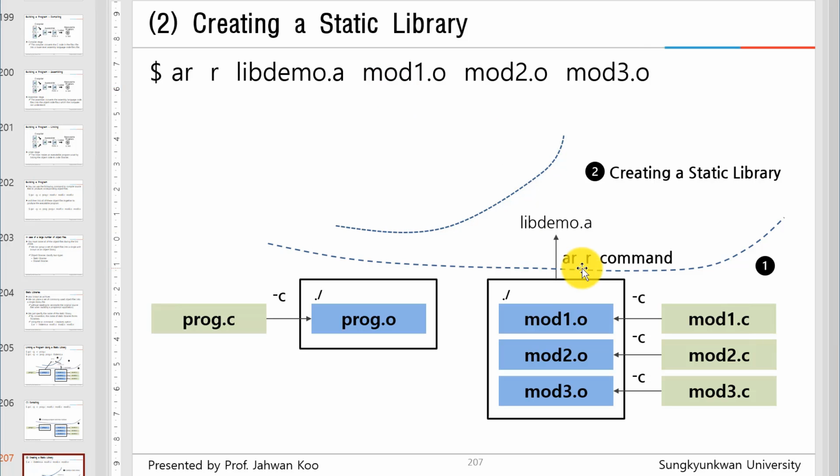So we got one static library named libdemo.a. libdemo.a includes 3 common object modules which end with .o.